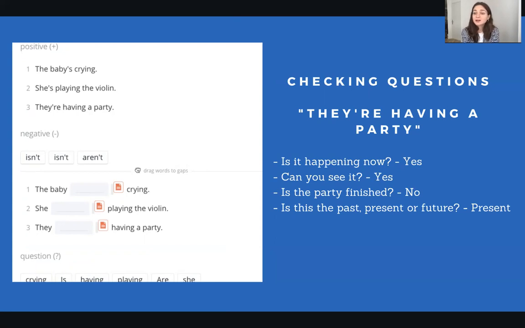And the answer would be yes. Can you see it? Can I actually witness it? Yeah. Is the party finished? No, because it's happening right now. Yeah, I can see it. It's not finished. So, is this past, present, or future? And the answer will be it's present.